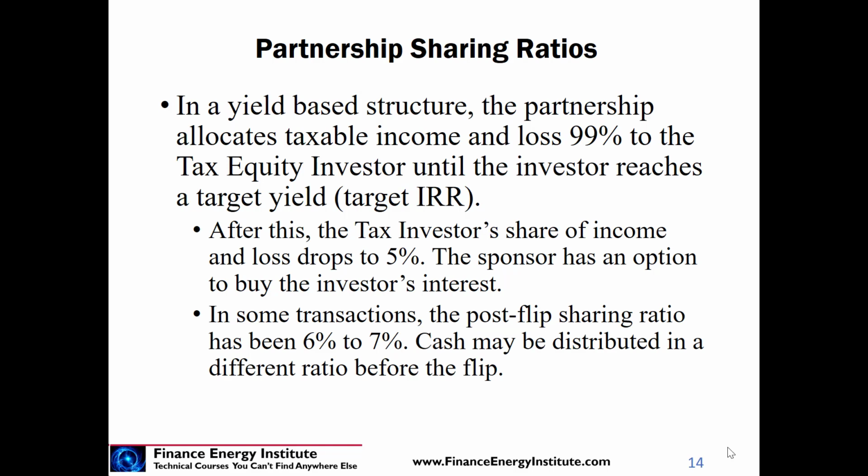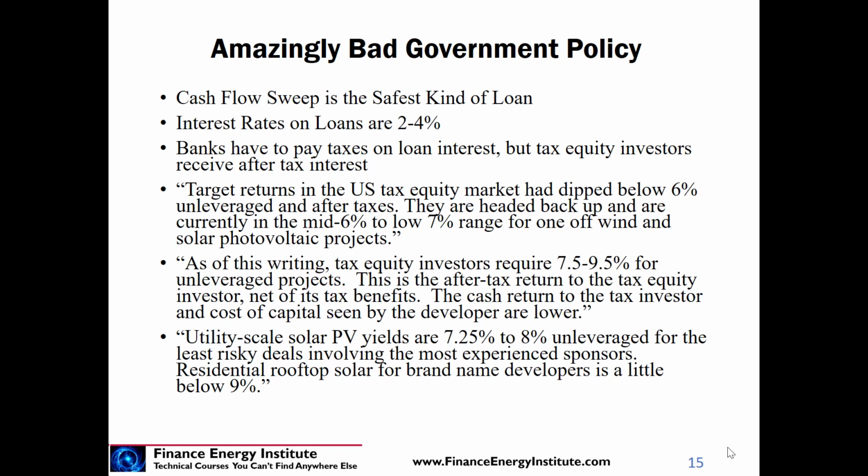After the target IRR is reached, then the tax investor, instead of getting 99% of the income, which was really an income deduction, gets only 5%. And there are all these esoteric tax rules that say you can't allocate 100%, and they have to have an economic interest in the project, blah, blah, blah. We're going to go through some of that later.